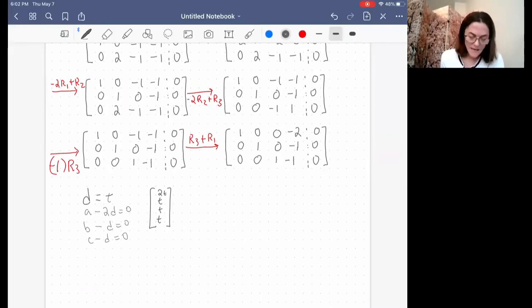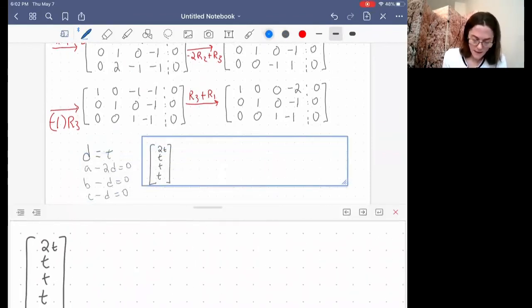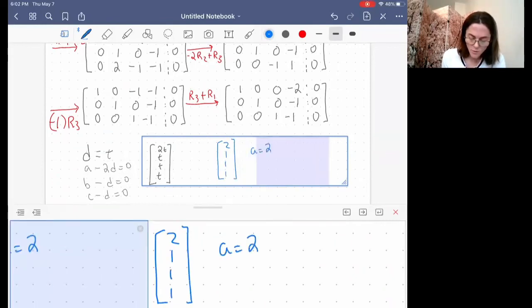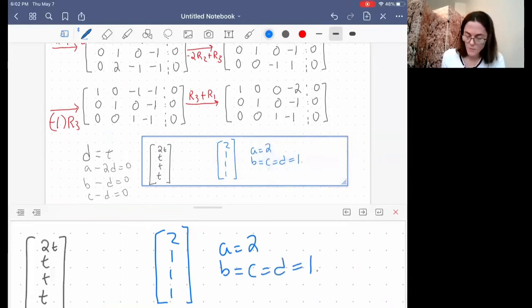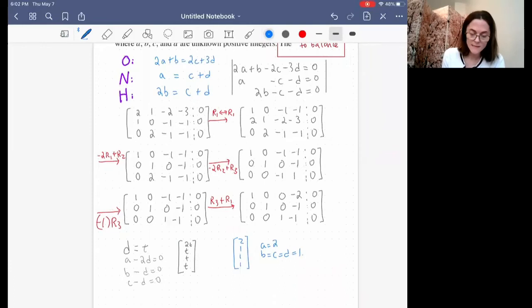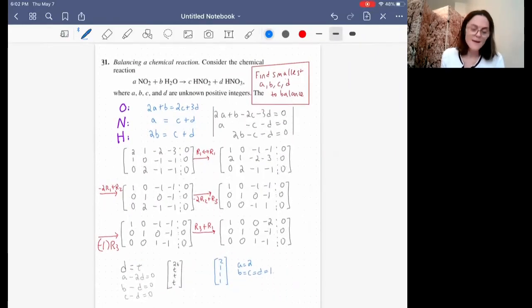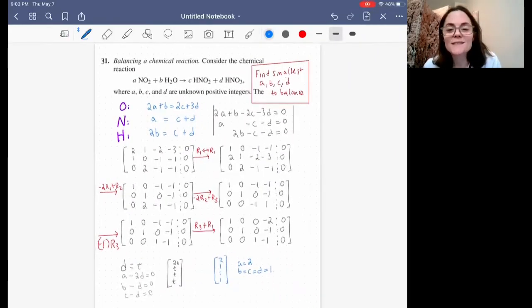And so our final answer is here in vector form. It's 2, 1, 1, 1. Or you could give it as A is 2, B is C is D is 1. This would balance this chemical reaction and answers the question.